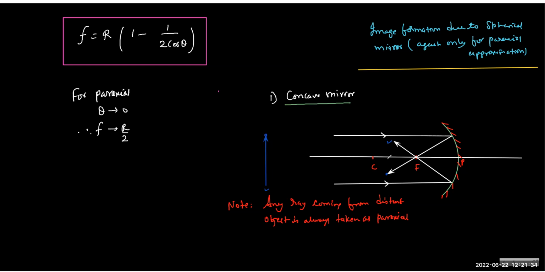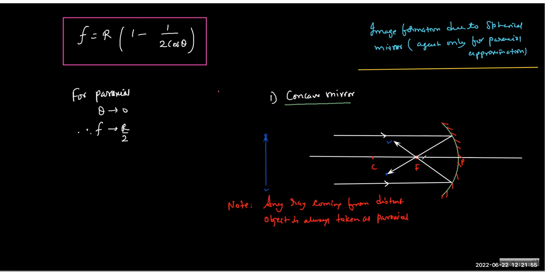So you can see the tip and tail will get inverted, right? Because they reverse the direction after reflection. And because of the reversal of direction of the tip and the bottom, we say the image will be inverted.